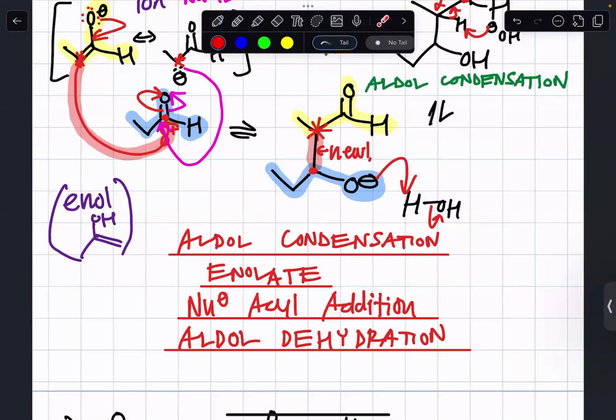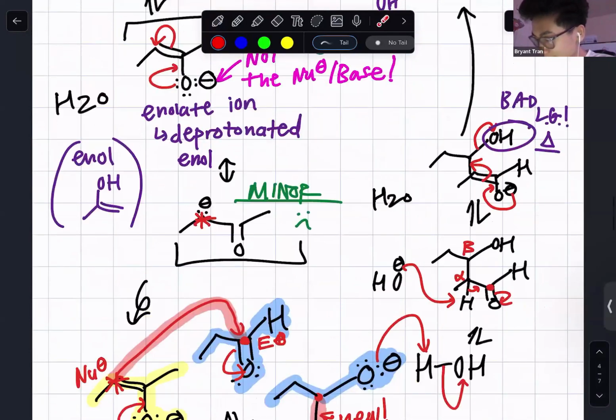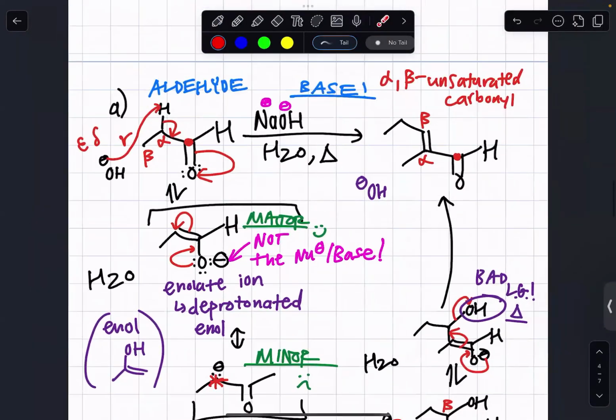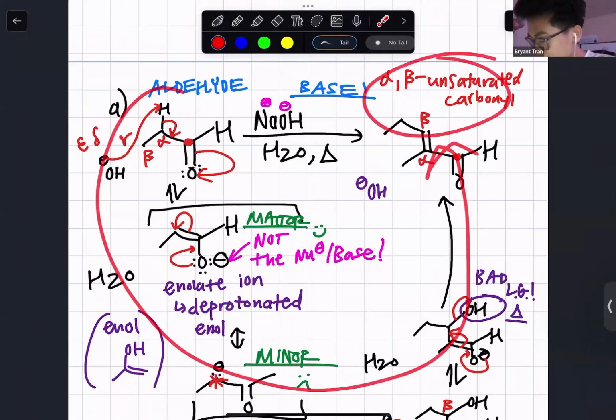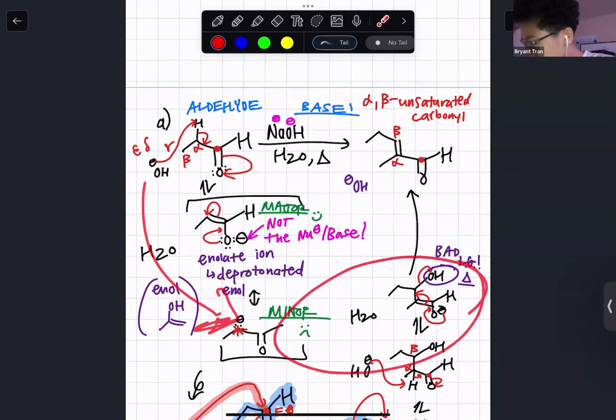Because it does say overall reaction 1A. Wait, that whole thing is 1A. Yeah, that whole thing is 1A. I thought she meant overall, like up until the end, but she meant more general terms, like the aldol condensation reaction, which will eventually do dehydration at the end.